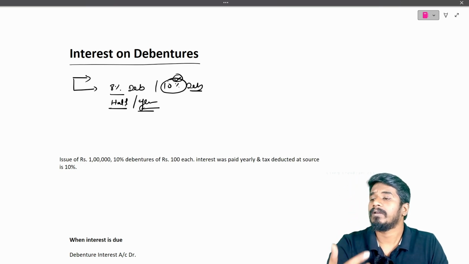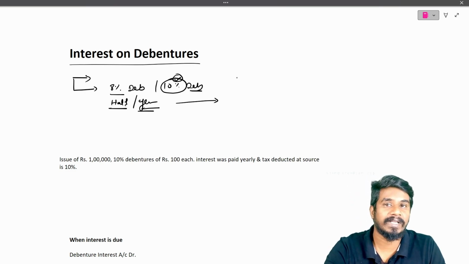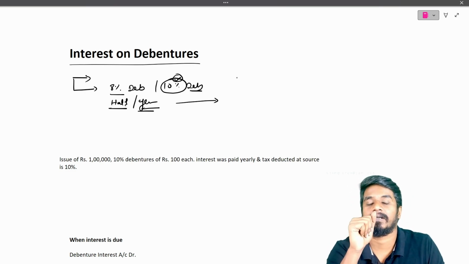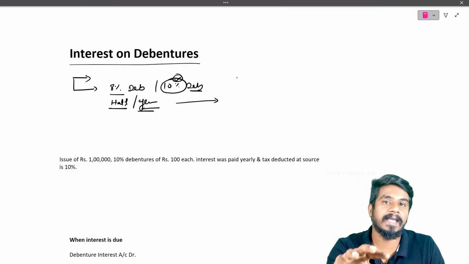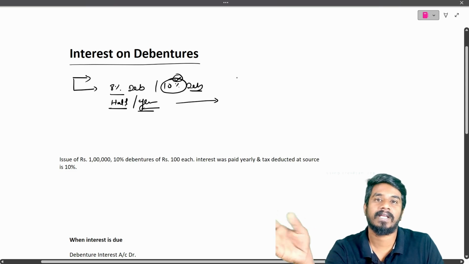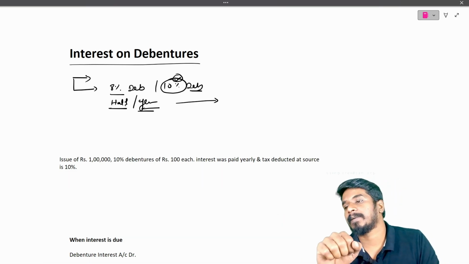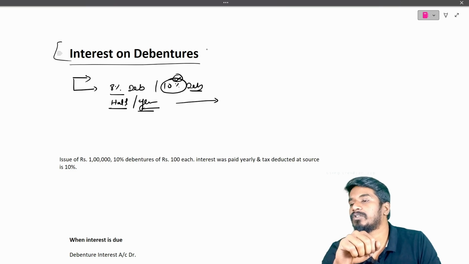Another thing: if the company doesn't have profit, will the company pay interest? Yes, obviously, they need to pay regardless of whether they are having profit or not. So this is the concept of interest on debentures.